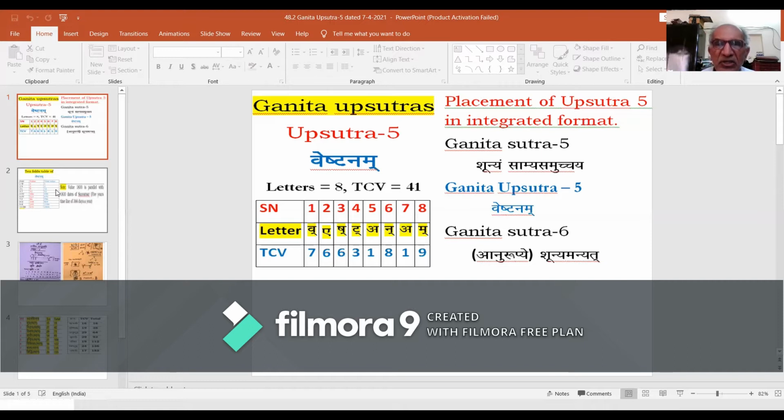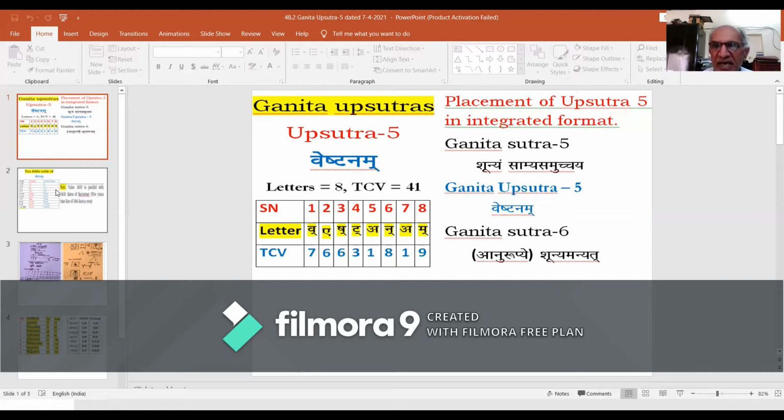However, the Ganita Sutras and Ganita Upsutras together constitute an integrated mathematical text. In the integrated format of this text of 16 Sutras and 13 Upsutras, Ganita Upsutra 5 is placed between Ganita Sutra 5, Shunyam Same Samuche, and Ganita Sutra 6, Rupe Shunyamanya.